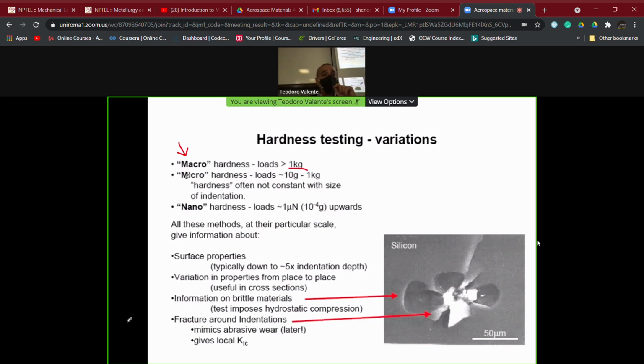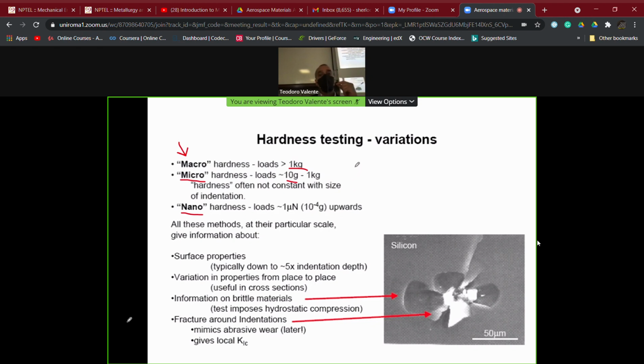We can have micro hardness in which loads can have values between 10 grams and 1 kilogram. We can also have the area of the so-called nano hardness in which the loads are very, very low, because they are 1 micronewton, that is 10 to minus 4 grams.